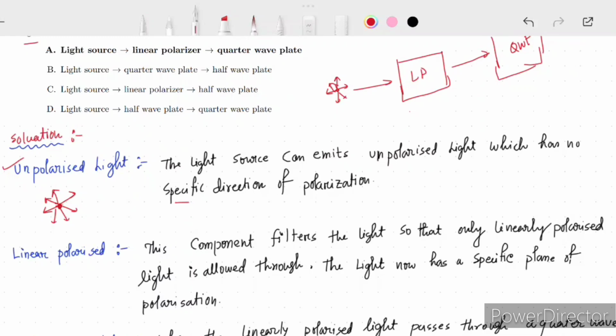If we consider an unpolarized electric field with components Ex x cap plus Ey y cap, then when it passes through a linear polarizer, the direction of the electric field is linearized in a particular direction, either the x direction or the y direction.